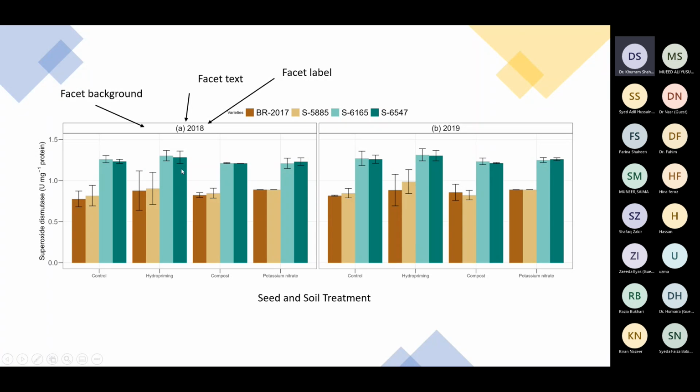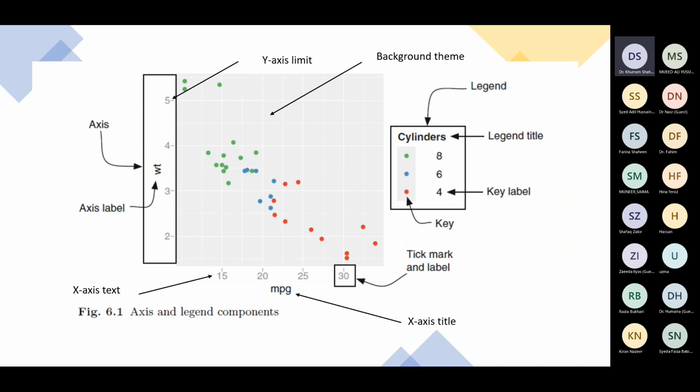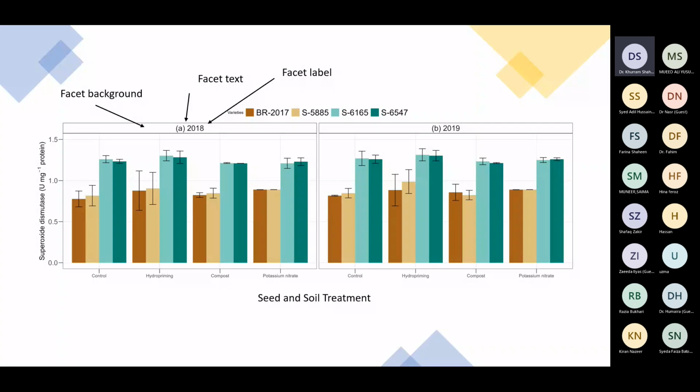So up to that, we are clear that the graph has basic components: x-axis, y-axis, legends and background things, and then facet things. We have to adjust all these commands in our software so R can make a good graphic with us.